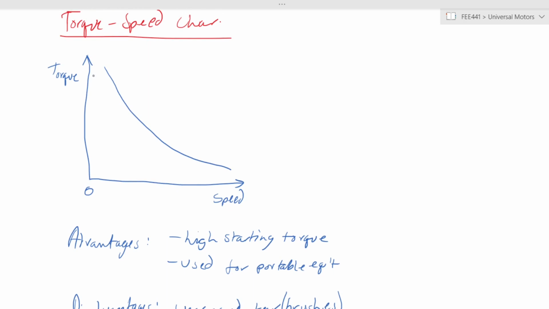If we look at it from this torque speed characteristic, if you were to increase the voltage, you would have a higher torque speed characteristic. And if you use a lower voltage, you would tend to have a lower speed or torque being achieved.